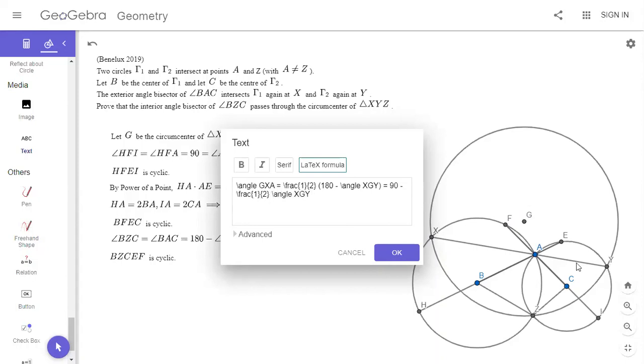And half of angle XGY is like if you have a point on this arc, it would be that angle, which is 180 minus angle XZY. So that's 90 minus half of 180 minus angle XZY. And that simplifies to just half of angle XZY.